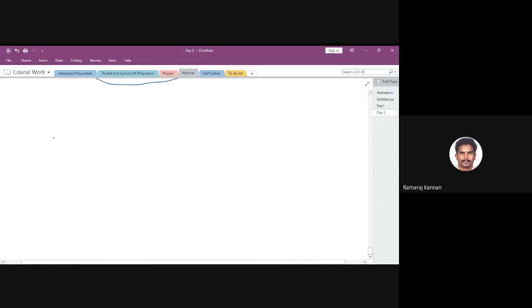Next, we are going to define a parameter called the equivalence ratio. We denote it as phi, that is the actual fuel air ratio divided by the stoichiometric fuel air ratio.